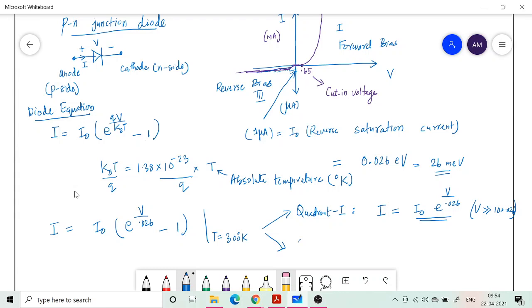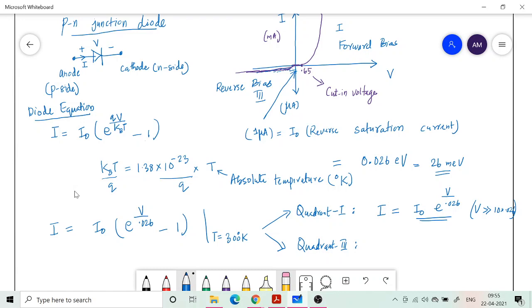And similarly, if you approximate for quadrant 3, where you have the reverse bias condition, V is going to be negative, because when we say the polarity of V, we are talking about the voltage at the P side with respect to the N side, and therefore it will be negative for reverse bias, because the P side is applied with a negative voltage compared to the N side.